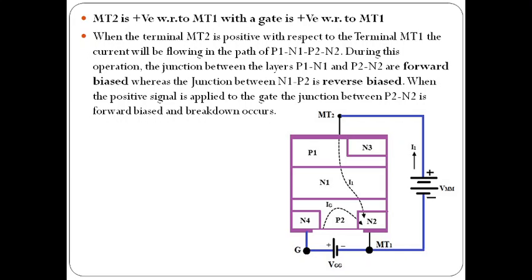So the current flowing direction in this circuit is P1 N1 P2 N2.